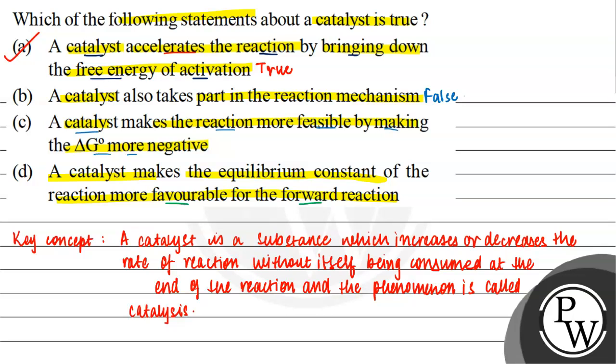It catalyzes both forward and backward directions to the same extent. It does not favor any direction. So this is also false and this is also false. Our first statement is true. So this will be the right answer to the question.